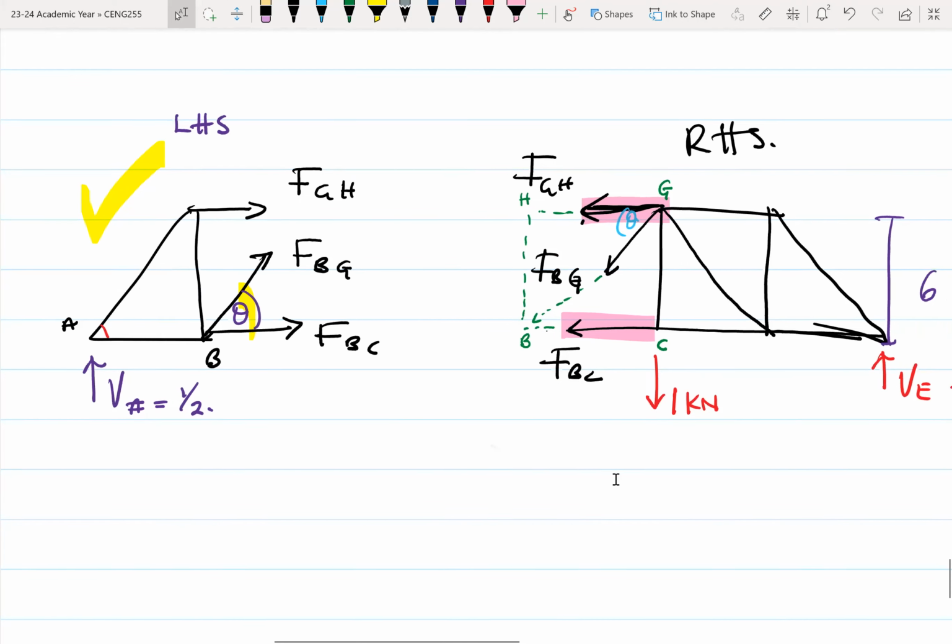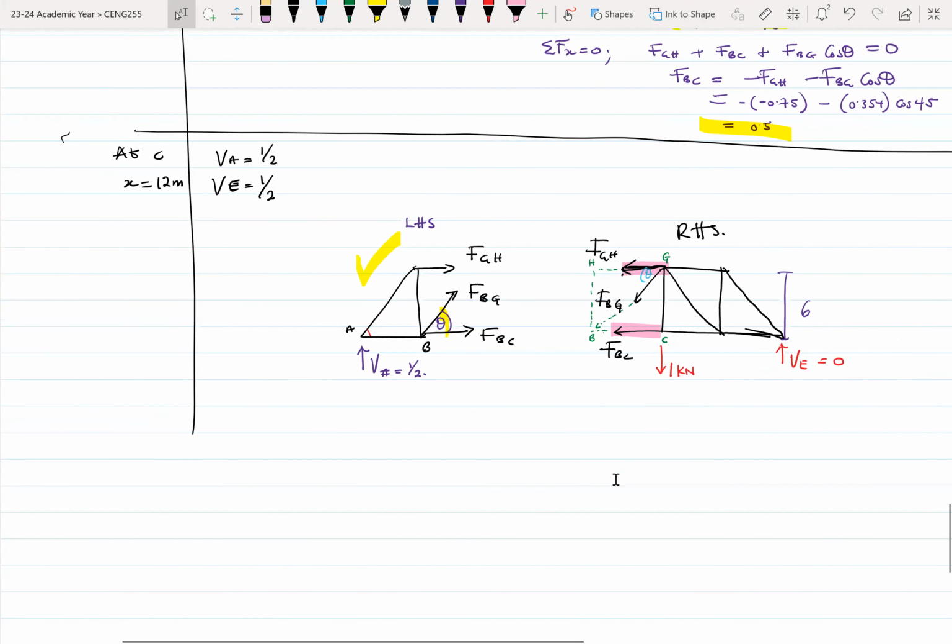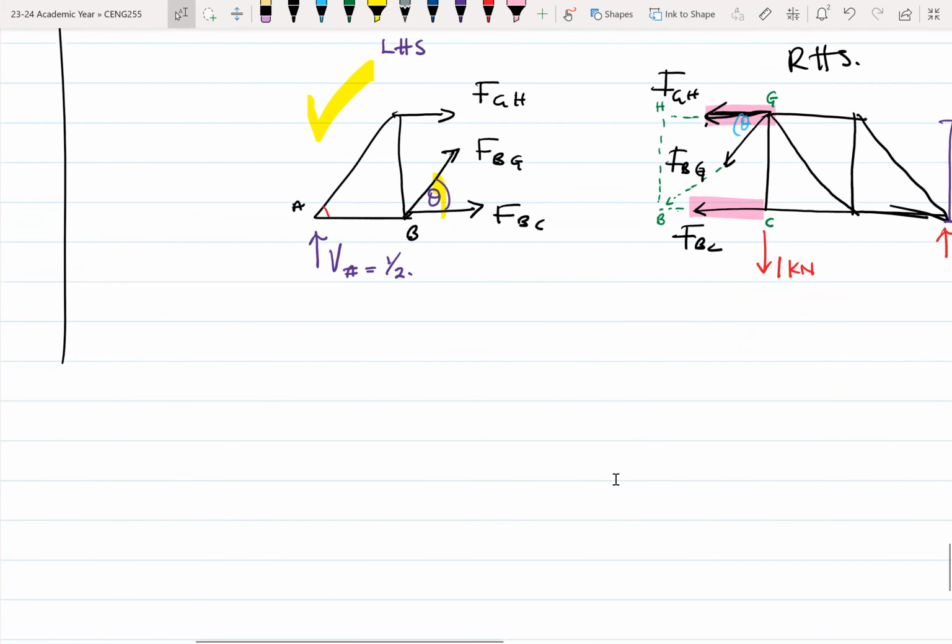So let's look at C, where it's at 12 meters, and we'll see what to do with it. At 12 meters, we are looking at the left-hand side. It's easier to work with the left-hand side. So now let's sum vertical forces. Summation of vertical forces equals 0.